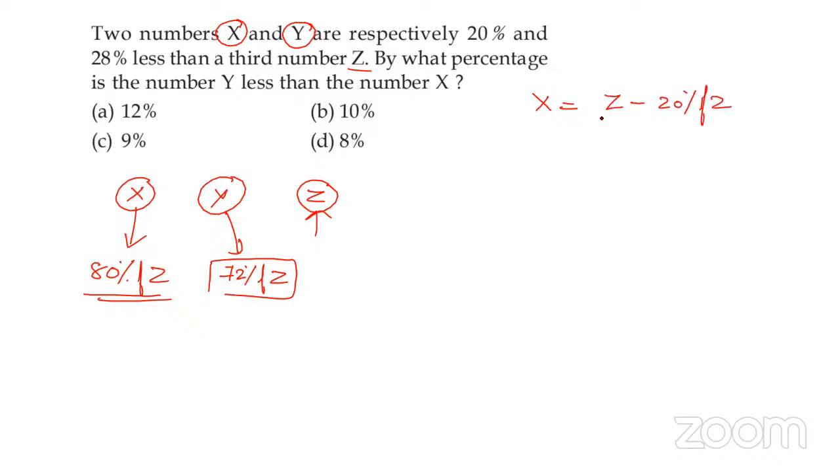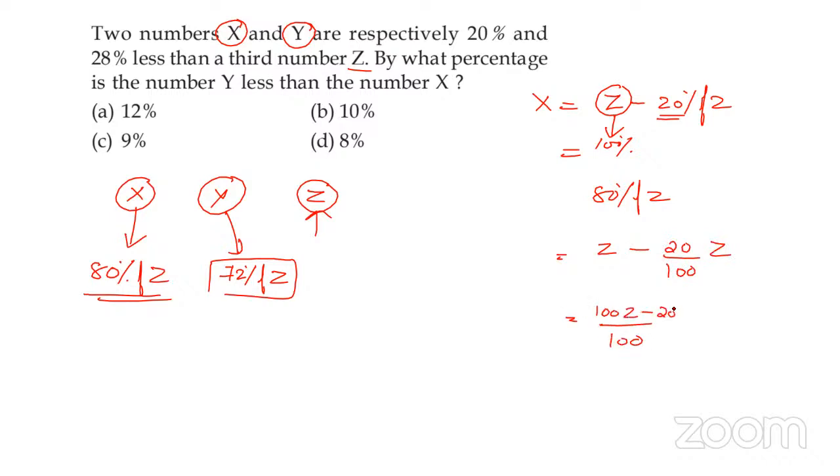You don't need to solve it in this way. z by default is 100%. If you subtract 20%, your answer is nothing but 80% of z. You don't need to take the LCM and solve it, it's a waste of your time. z minus 20 by 100 of z, then you take the LCM, you have 100 as LCM, then 100z minus 20z equals 80 by 100 of z, that is 80% of z.